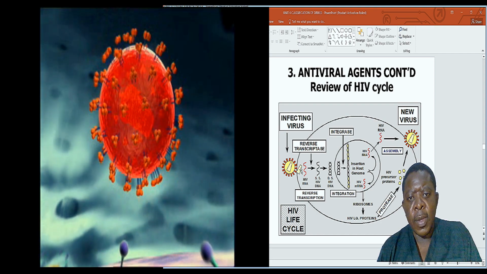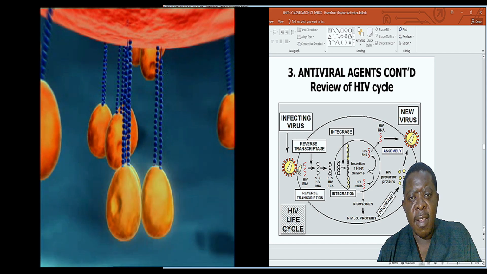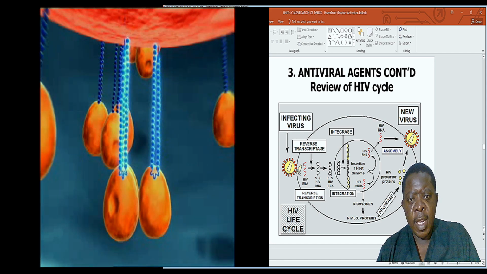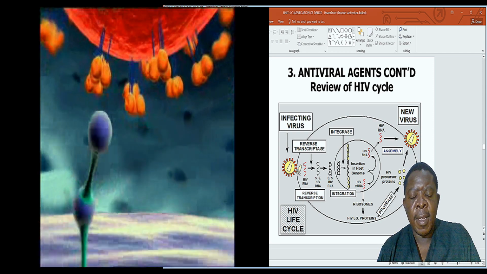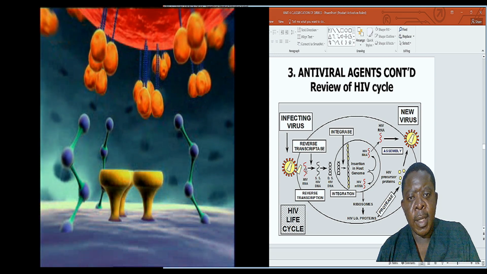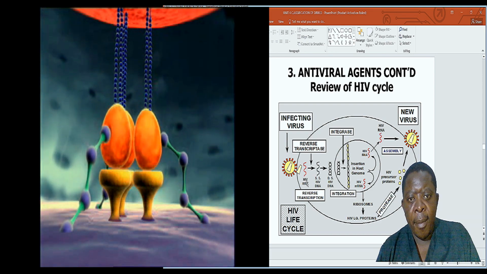Okay, so the capsid carries the DNA information, also the RNA information of the HIV virus. Okay, it carries the DNA material or the RNA material of the virus. So these will be released. So we have the HIV RNA.